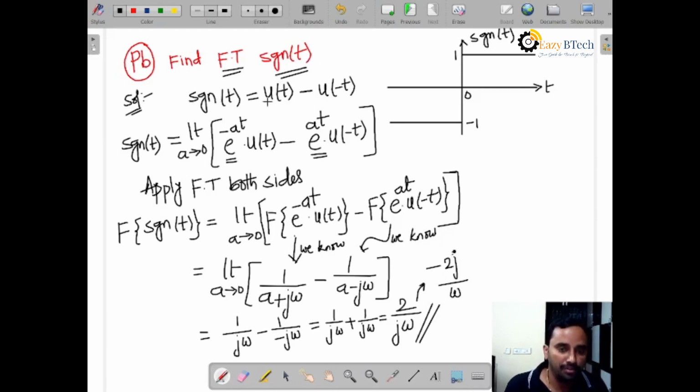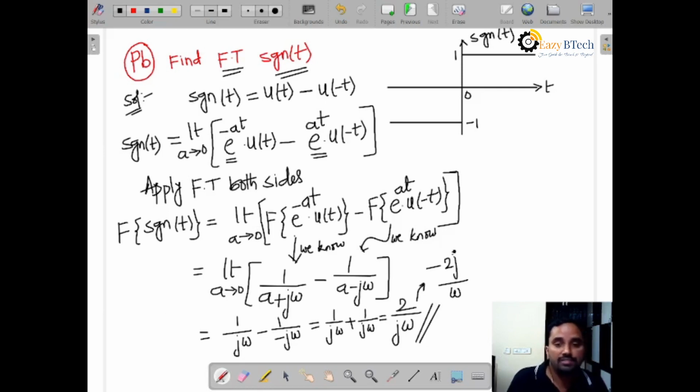We have written the signum function in terms of step function, then taken e power minus at, e power at multiplication, and a tends to 0. After that we applied Fourier transform both sides. Then we have 1 by a plus j omega, 1 by a minus j omega, then a is 0. Limit a tends to 0 taken. So this is the result.